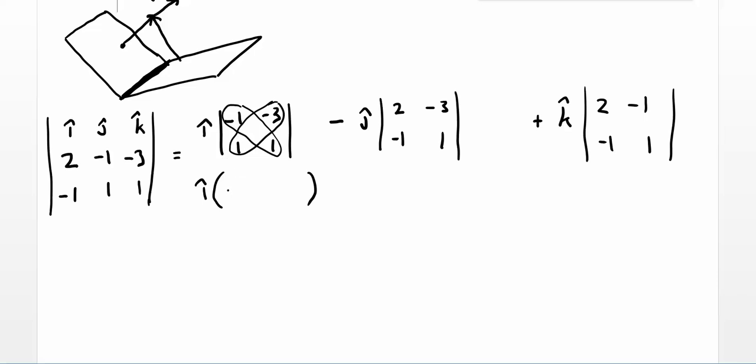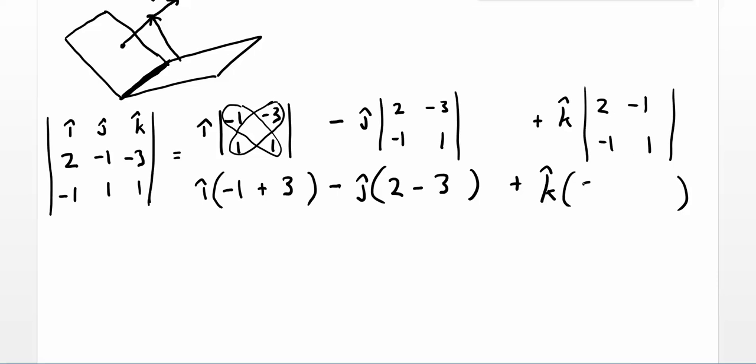So we'll get negative 1 minus negative 3, which is plus 3, minus j, and same thing here. 2 times 1 is 2, minus negative 1 times negative 3, so that's minus 3, plus k. 2 times 1 is 2, minus negative 1 times negative 1, so that's minus 1.